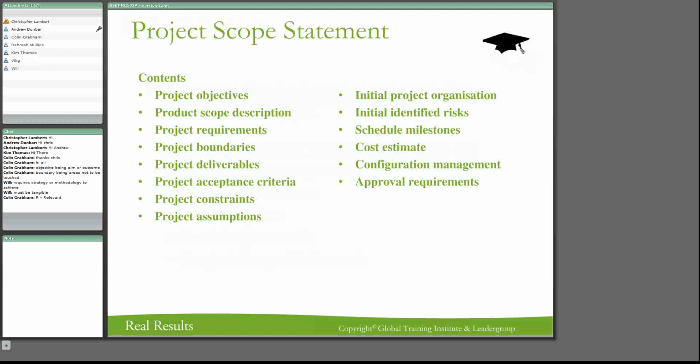Let's call it an abstract. It's going to tell us briefly what the project is about. Project requirements. The boundaries are those things that are included or excluded. Project deliverables are those actual things that you're going to give to someone, that the client is actually going to get. So it's either a product or a service.